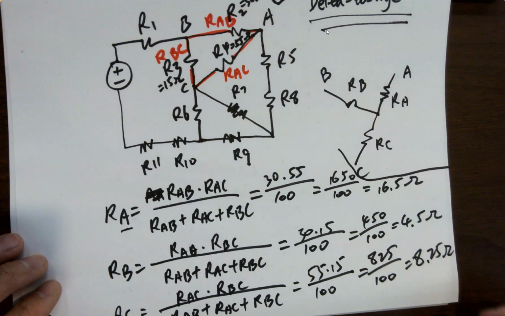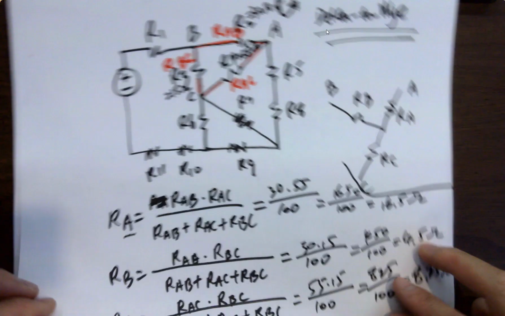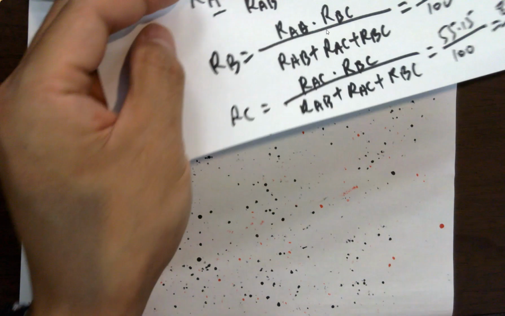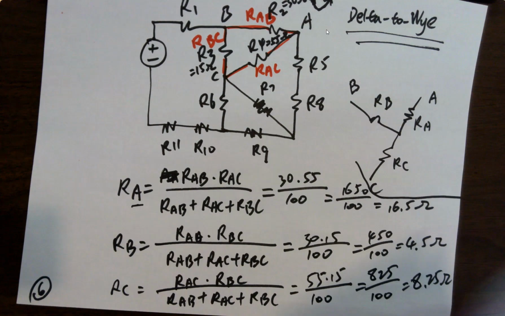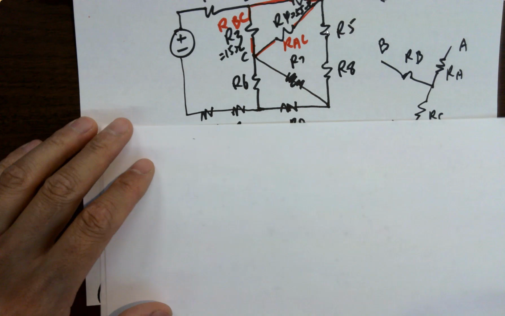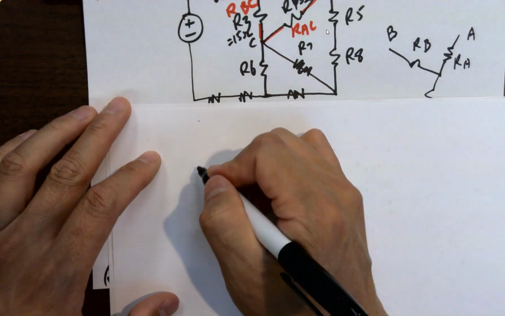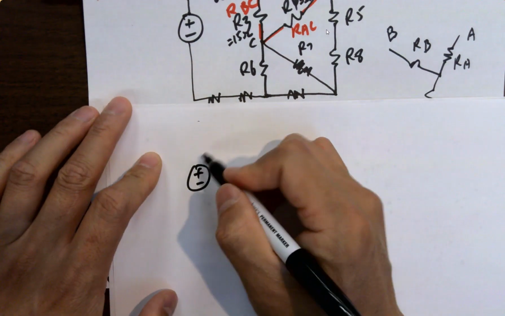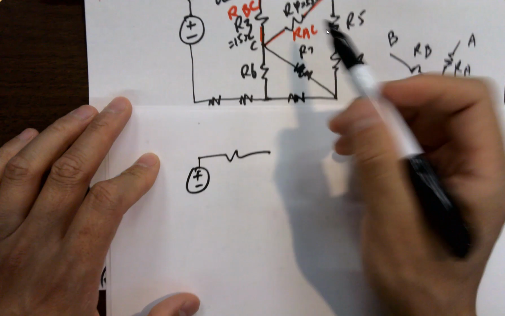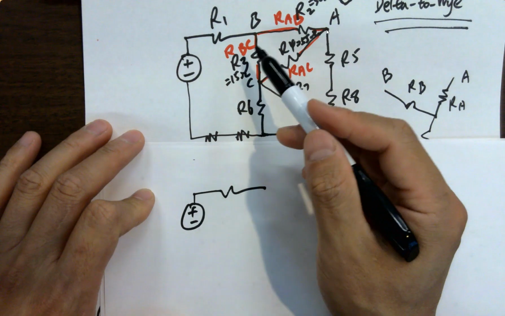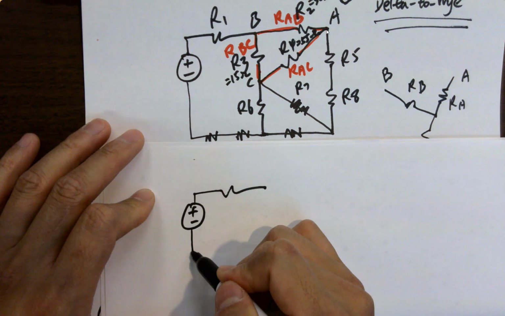So the next step is to move it back to the circuit, and I'm going to show you how to convert it to an equivalent circuit with the 3 resistors like this. So first, you start drawing from the source, same routine. Don't draw anything here because all the resistors will be replaced, right?